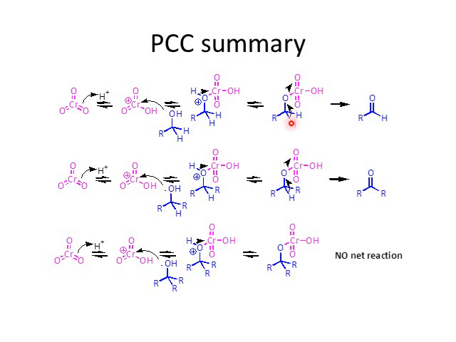But if there's a hydrogen on this position, as there is in the primary and secondary alcohol case, well, an E2 elimination will happen to make an oxidized product. But if we can't do that irreversible E2 elimination step, we will see no net reaction. So this is the summary of PCC oxidation.